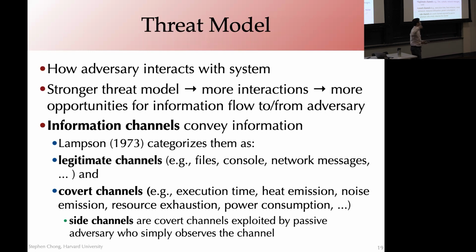So this might be things like how long a program takes to execute, which is going to be conveying information maybe about the data the program is manipulating. How hot the CPU gets, acoustic emanations from imperfections in the chip manufacturing can actually reveal information about what computations the chip is doing. Whether or not you run out of memory, right? Memory resource exhaustion is a covert channel that might convey information about the computation that's happening, even though it's not intended to.